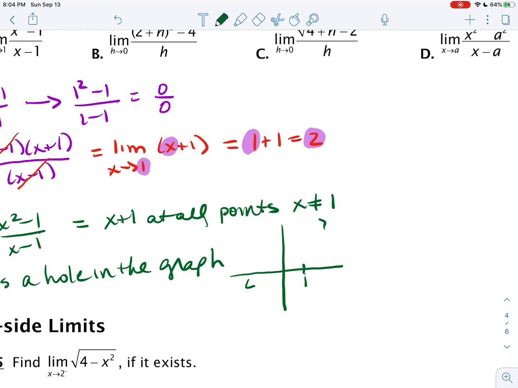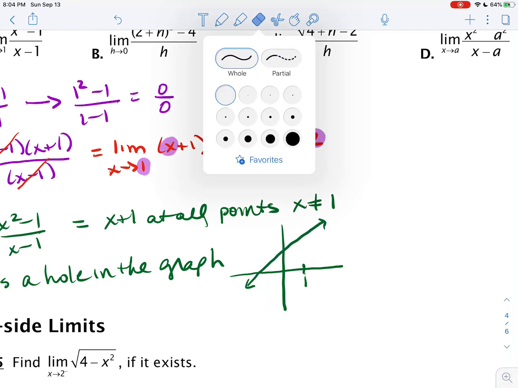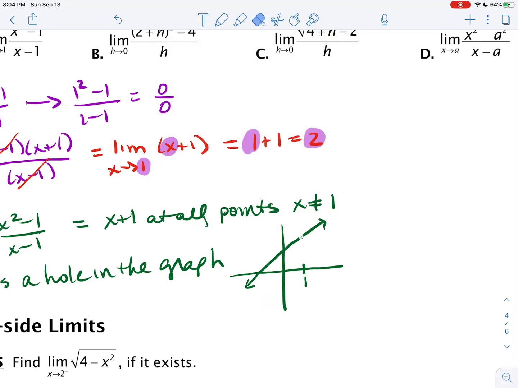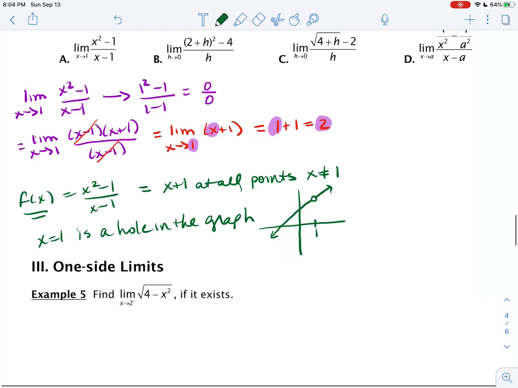Oh, made a mistake there. We'd have a hole in the graph at that point. Good. But it agrees at all other points with x plus 1, and so the limits are going to be equivalent. Good.